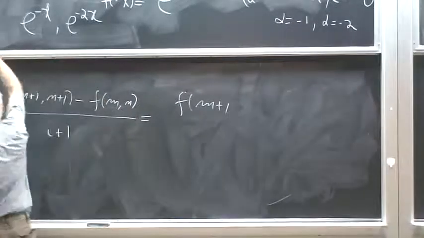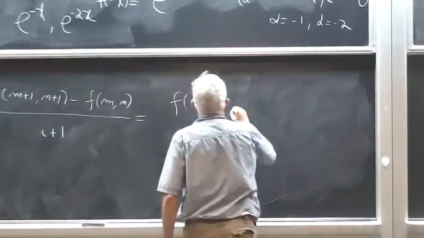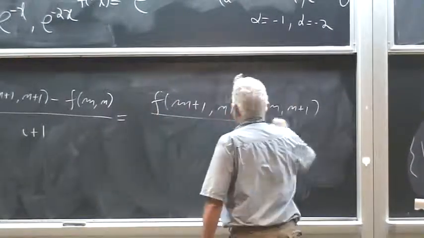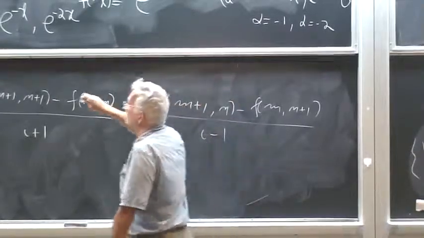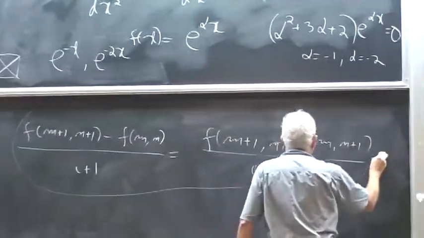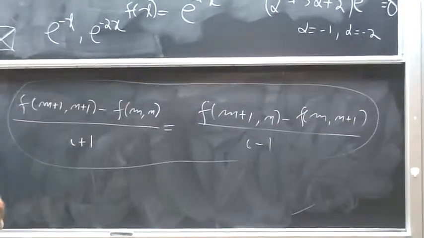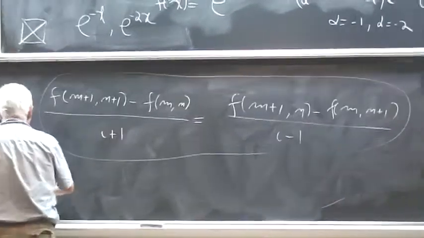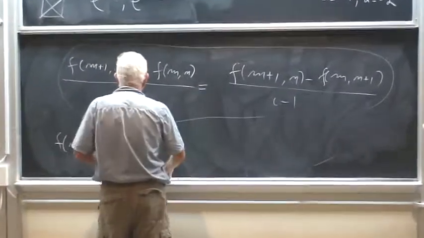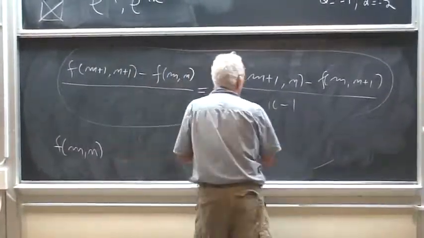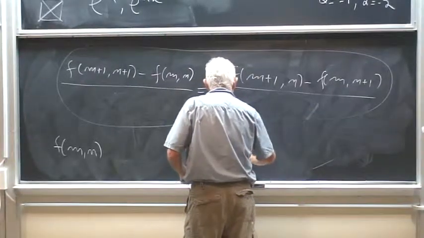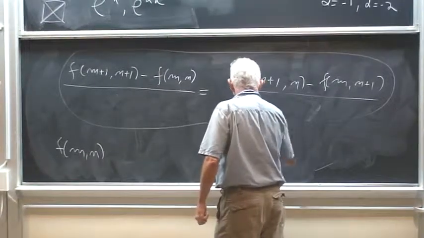So the difference, like the Cauchy-Riemann equations, discrete Cauchy-Riemann equations. So that's the definition of a discrete analytic function. Okay, this is i minus 1. And if you transpose it, you get f of m, n. Okay, so what's i plus 1 over i minus 1? It's minus i, right?